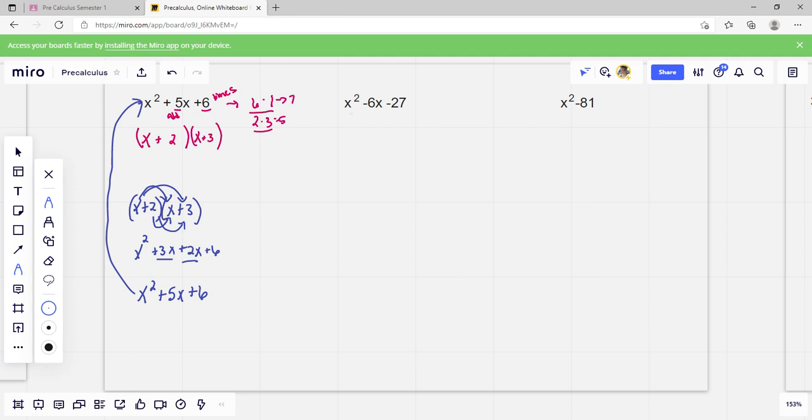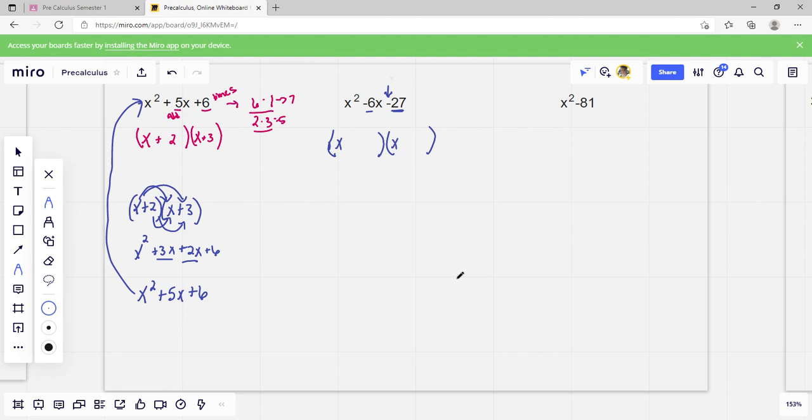All right, here's another one. So first we're going to draw our parentheses. Okay, and we get x in each box at the beginning of each here. Now we need two numbers that multiply to 27 and add to negative 6. All right, that means that one of these is going to be negative and one is going to be positive, because if we do a negative times a negative, we would still get a positive.